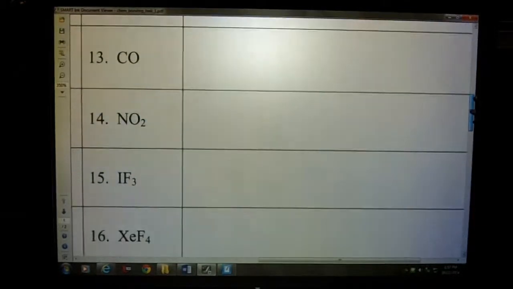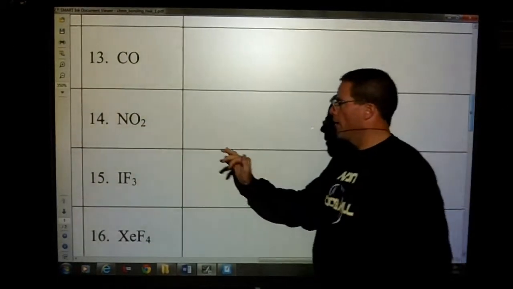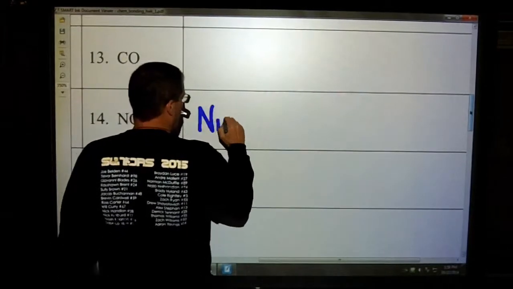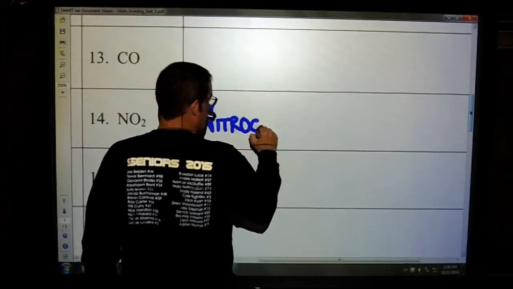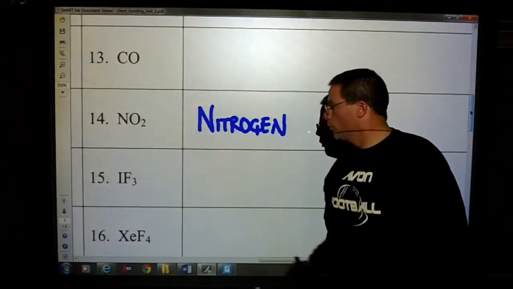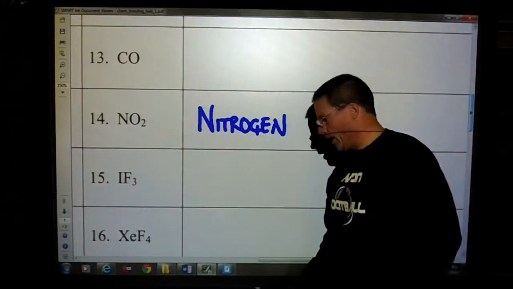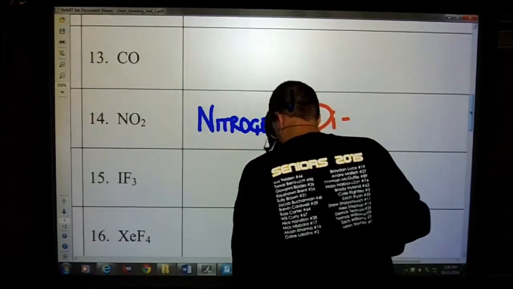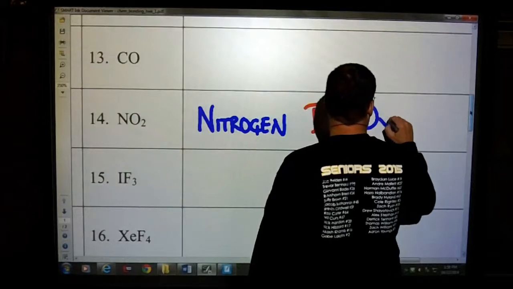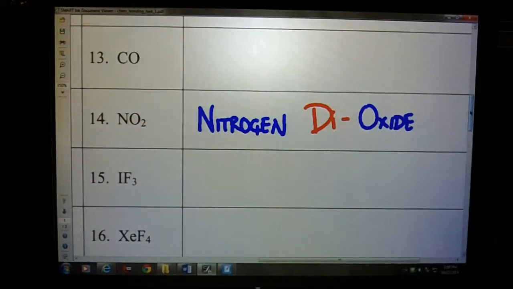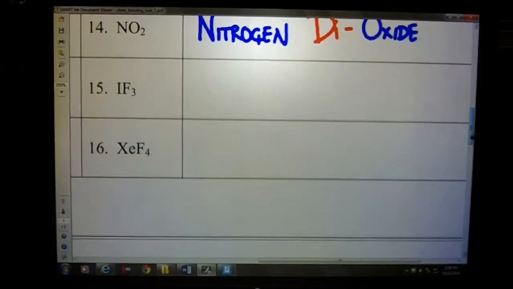All right. Number 14, we only have 1 nitrogen, so we don't need to do anything to that. So it's just nitrogen, not mono. And we do have 2 oxygens, so we've got a di here. And the oxygen goes to oxide. So nitrogen dioxide. 16, the last one here.